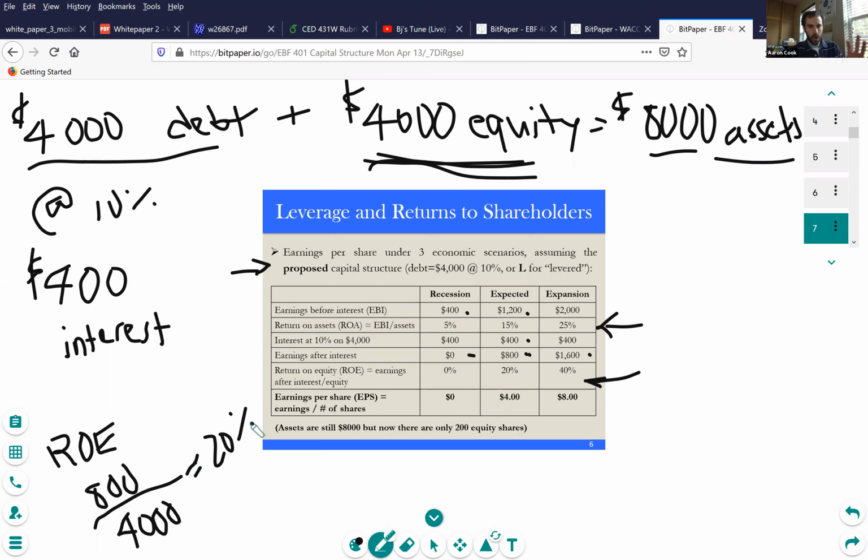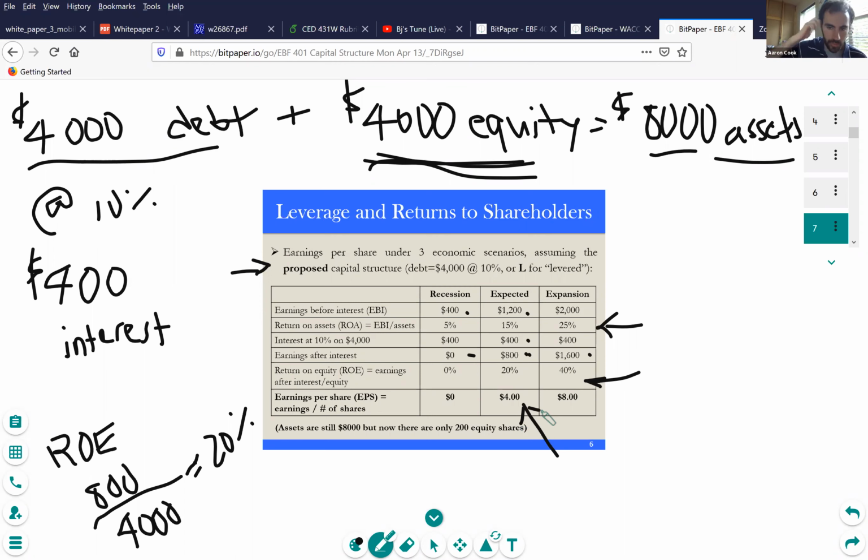And so overall, there's a 20% return on equity. It's just the earnings after interest divided by the equity stake in the firm. So the return on equity increases after we do that borrowing, and then the earnings per share also increases.